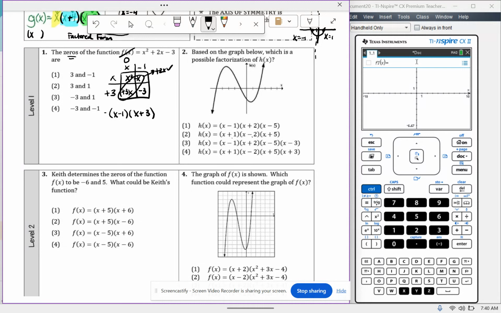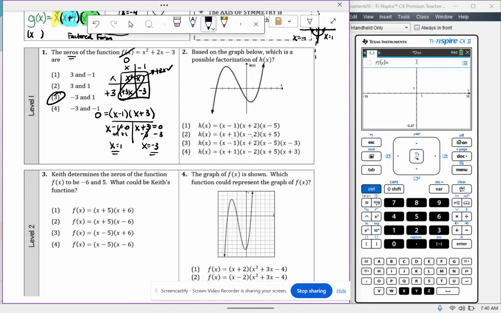We changed the f of x to a 0, and now I just split and solve. Set each linear factor equal to 0, then isolate your x. And the answer is x equals 1 and x equals -3.